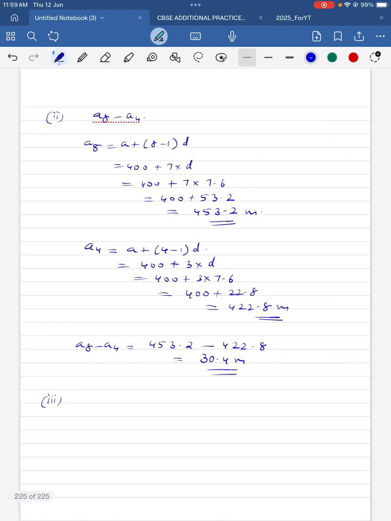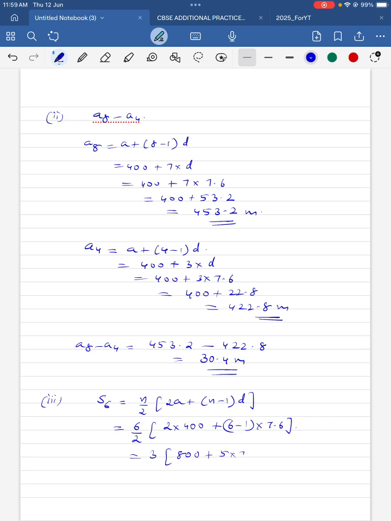So that means we have to find the value of S6, which will be n by 2 into 2a plus n minus 1 into d. Here n is 6, so 6 by 2 into 2a, which is 800, plus 6 minus 1 into d, which is 7.6. So that's 3 times 800 plus 5 times 7.6, and 5 times 7.6 gives me 38.